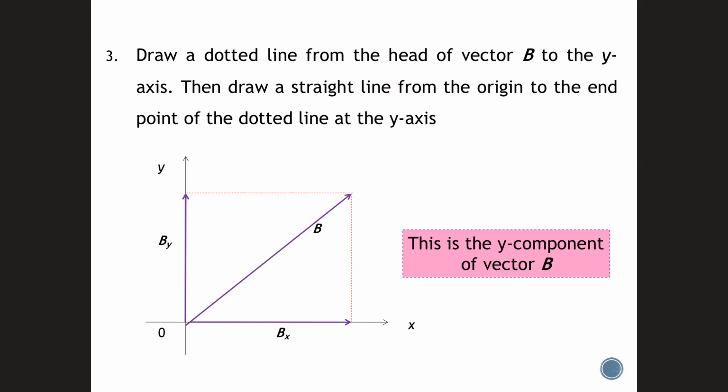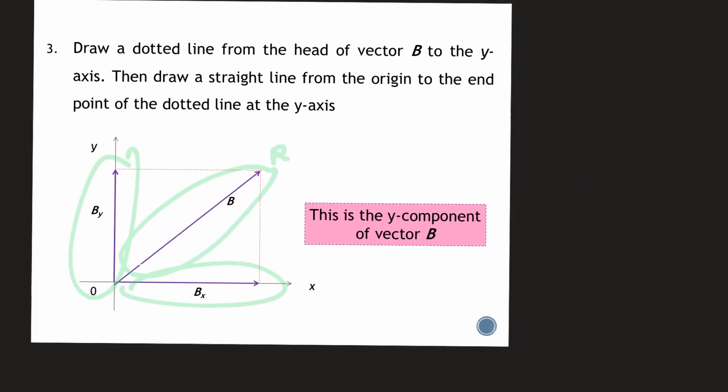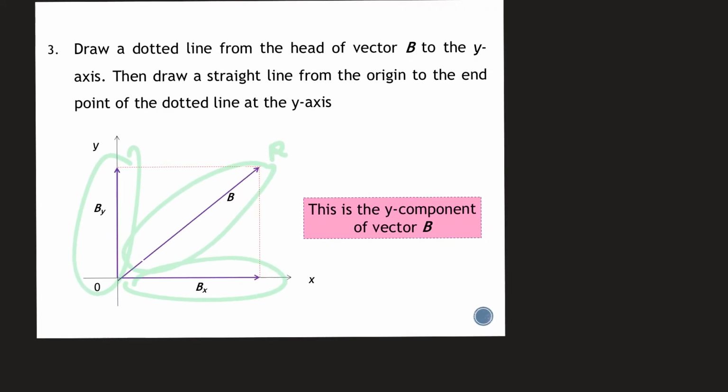So this one I already showed you how to resolve the components. Make sure that when you resolve, the magnitude here is always in between y and x. So when you draw for something like this, your y component will be, yes, good, in this one, downward and to the left.